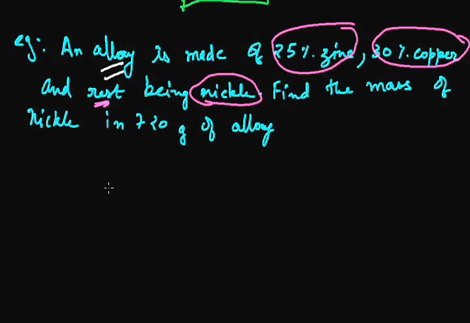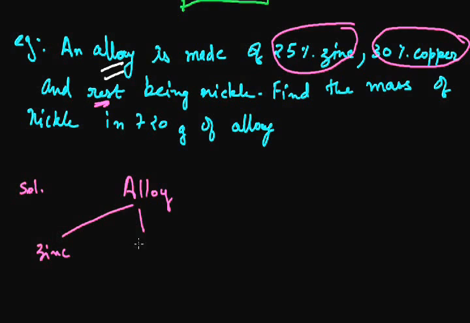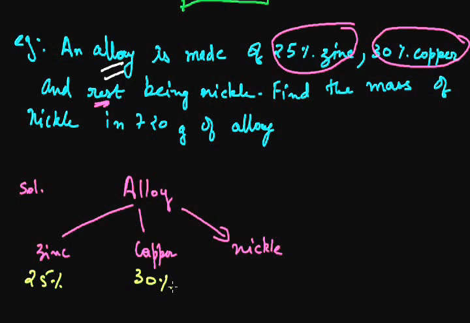Now see, the alloy is made up of zinc, copper and nickel. Zinc is 25%, copper is 30%. Now how can we find the percentage of nickel?